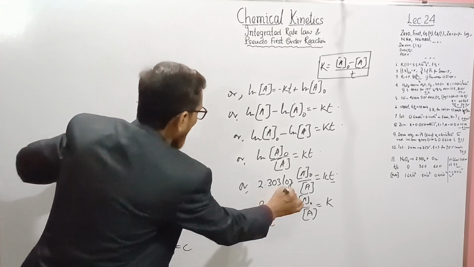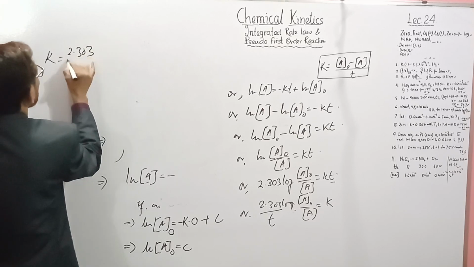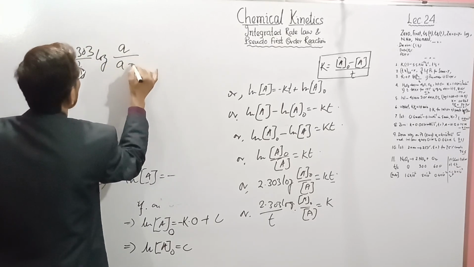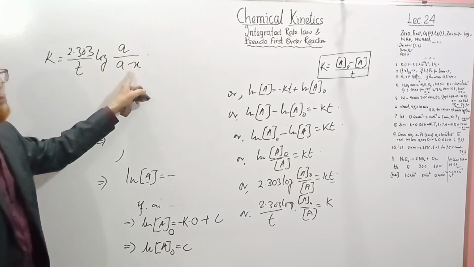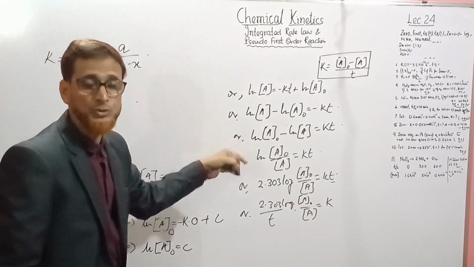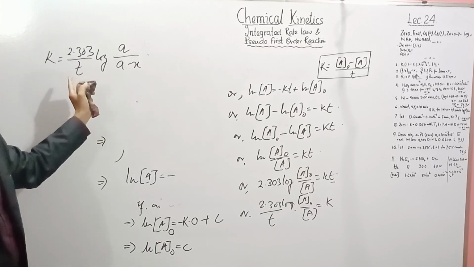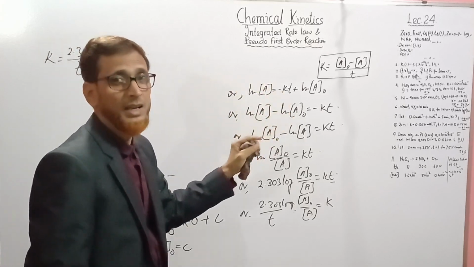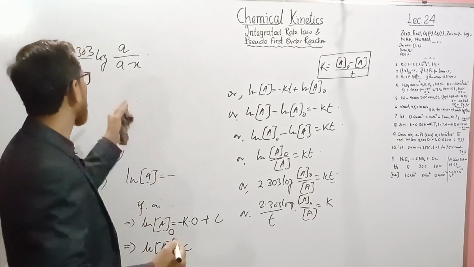Now we can also write it in the form k equal to 2.303 by t log a by a minus x, where a is the initial concentration and a minus x is the concentration left after some amount of the reactant has already been used to give the product. X is the amount which has already reacted to form the product, and what is left out is a minus x.